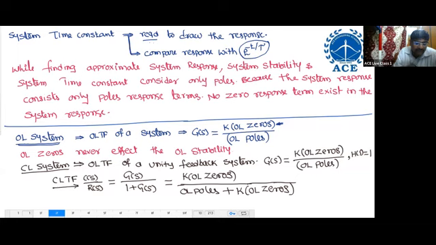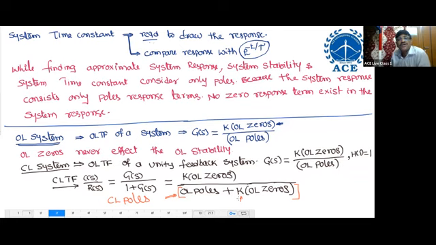Now tell what happened here. This denominator term gives the closed loop poles. So what are the closed loop poles? They are the sum of open loop poles plus open loop zeros with the function of system gain K. That means open loop zero will affect the closed loop stability.